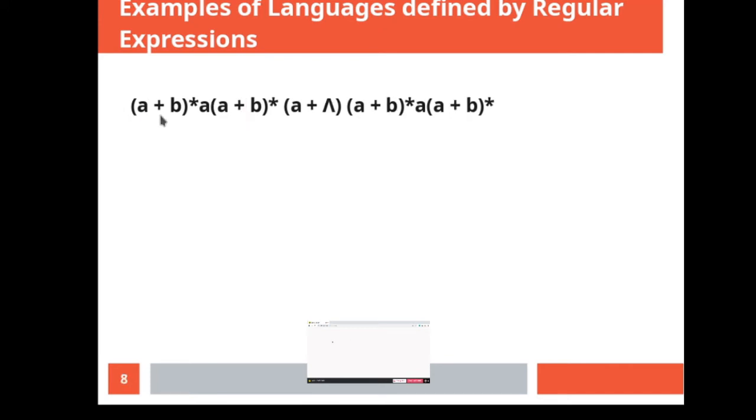Moving ahead to my next expression, (a+b)* a (a+b)* (a+null) (a+b)* a (a+b)*. Let me apply the disjunction and write this here.